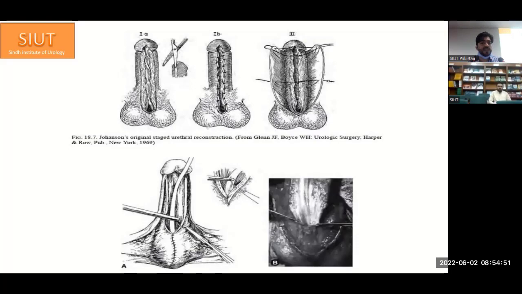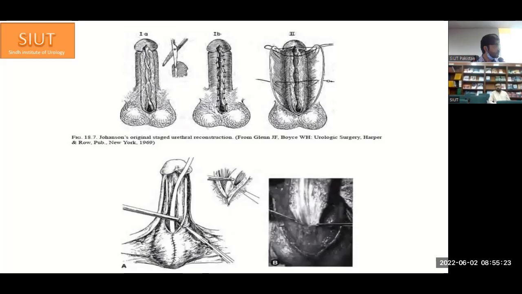This is the Johnson original staged urethral reconstruction. This is commonly performed for panurethral stricture. Johnson's first stage and two-stage urethroplasty should be done in infected stricture, complex stricture, panurethral stricture. If the panurethral stricture presents with pus discharge and multiple fistulae in the perineum, then we have to do the Johnson's first stage.